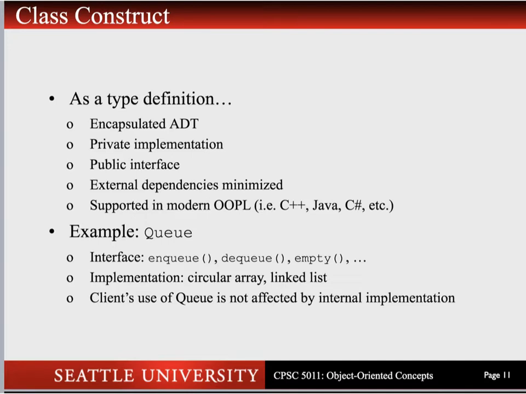External dependencies are minimized, and this is supported in modern object-oriented programming languages such as C++ and Java. For example, let's take a look at a queue, which, similar to a stack, has a way of interfacing with this abstract data type, including functions like enqueue, dequeue, empty, and the constructor. The implementation, again similar to the stack, can be either a static or dynamic implementation using a circular array or a linked list. And the client's use of the queue is not affected by the internal implementation.